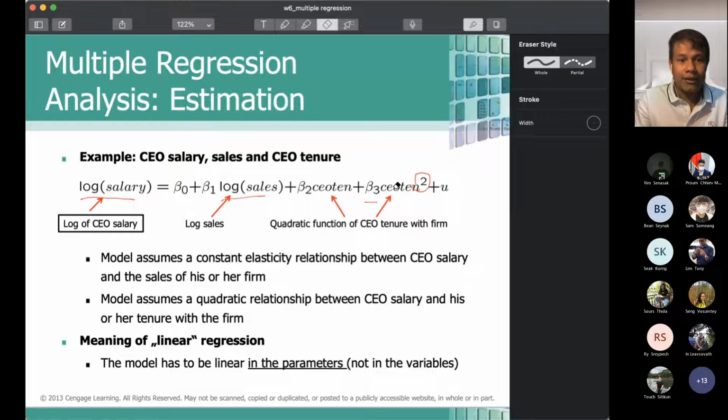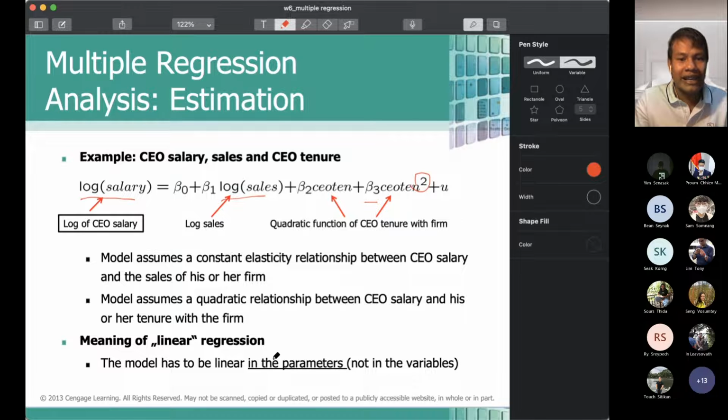All right. But remember, from simple linear regression, we say that this is multiple linear regression. But why here do we have a quadratic functional form? The term linear is only referring to linear in parameter. So what do we mean by linear in parameter? Linear in delta 0, delta 1, delta 2, and so on. Not variable. Linear in slope, linear in coefficient.